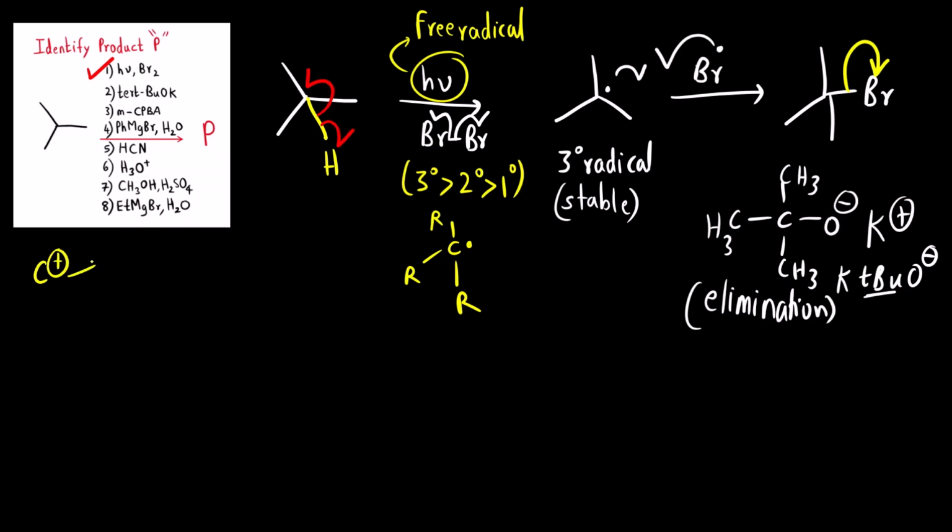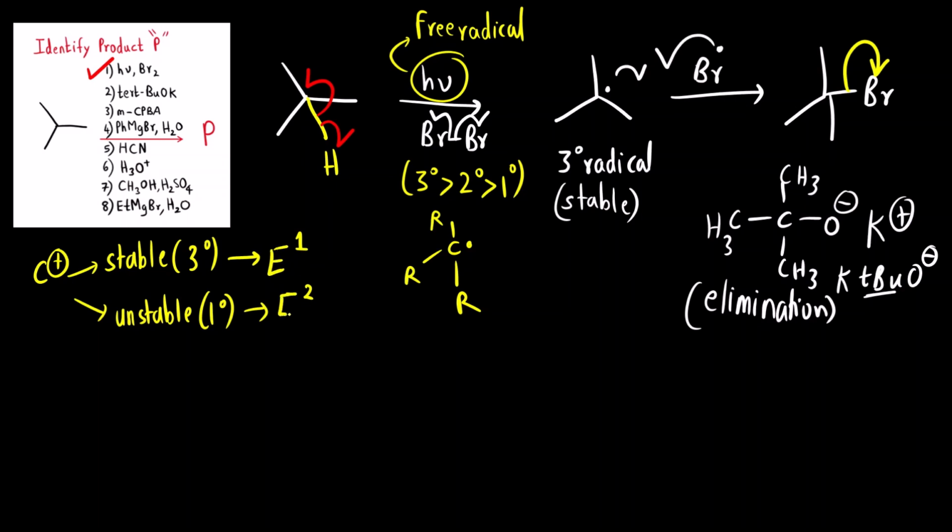If the carbocation is stable, that is a tertiary carbocation, then the mechanism followed is with the subscript 1. If the carbocation is unstable, let's say it is a primary carbocation, then the superscript is 2. If it is elimination, then we are talking about E1 and E2. If it is a substitution, then it will be SN1 or SN2.